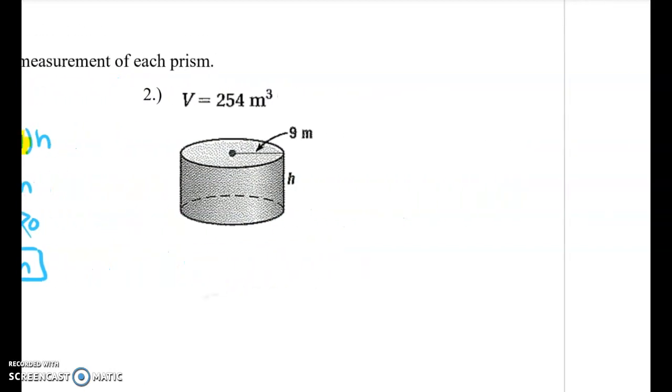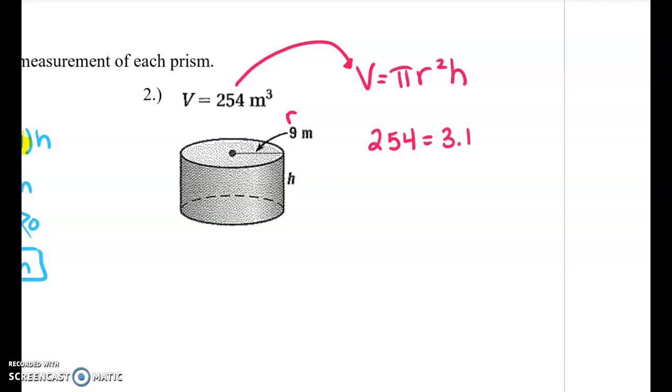This is a cylinder. So a cylinder, okay, is volume equals pi r squared h. They gave me the r is 9. They gave me the volume to plug in. So 254 equals 3.14 times 9 squared h.